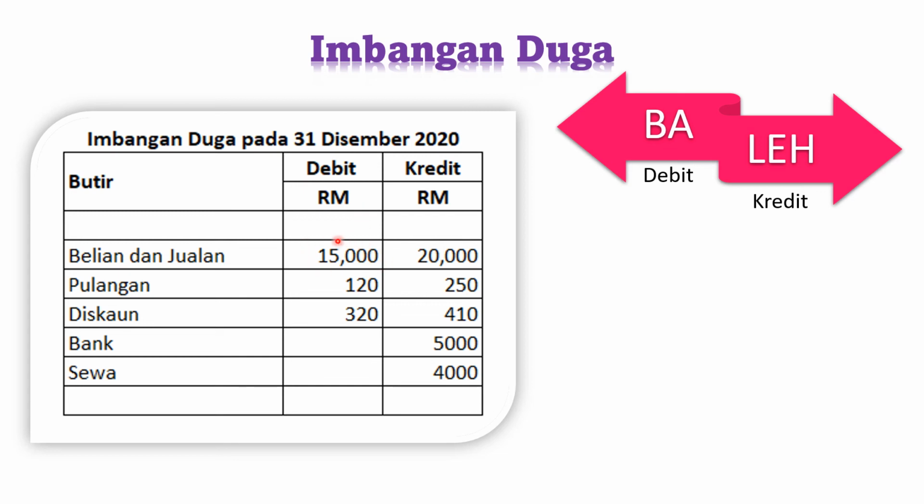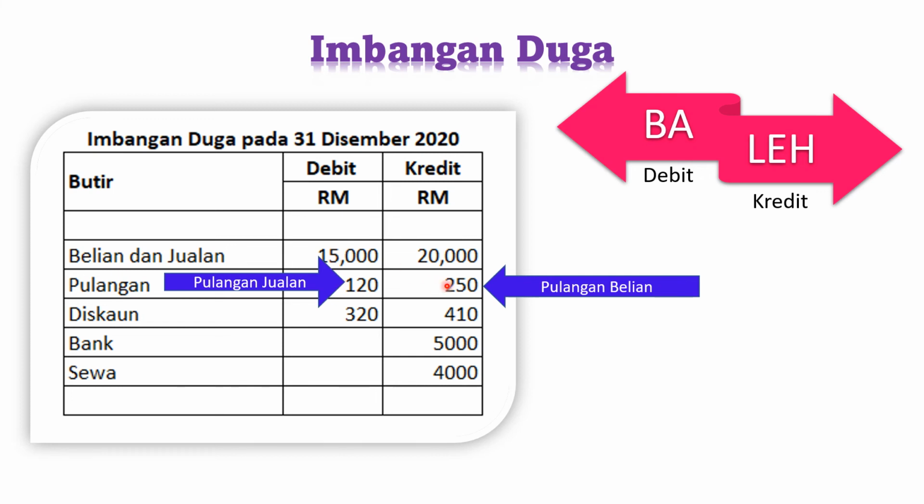So if belian is on the debit side, then pulangan belian is on the credit side. This is 250 ringgit. Okay. And if jualan is on the credit side, then pulangan jualan is on the debit side, which is 120 ringgit. It's the opposite. Jualan, pulangan jualan, belian, pulangan belian.